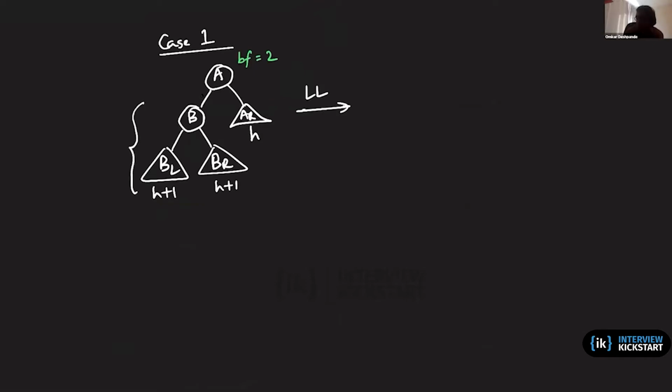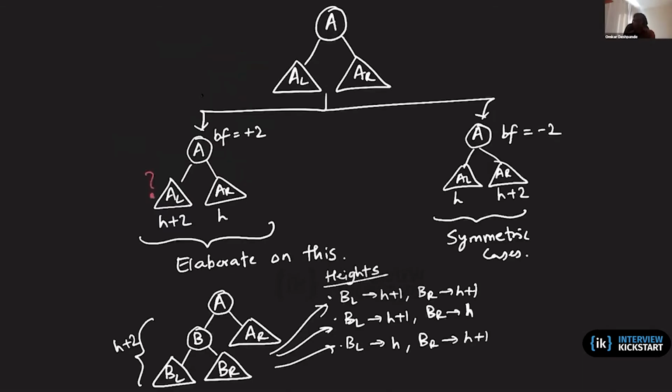Right, X was deleted from the right side, so the height here is h+2, and the height in the right subtree was previously h+1, but the removal of X somewhere inside that subtree caused the height of that subtree to become h. So when you're saying the X was part of the A sub R subtree? Right. Okay. Can you point which two cases you are talking about here?